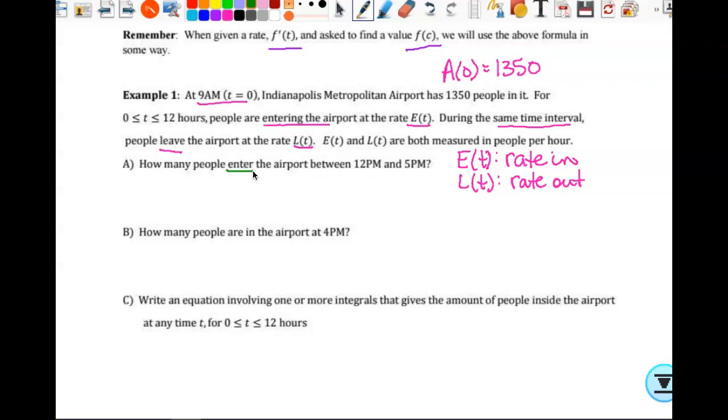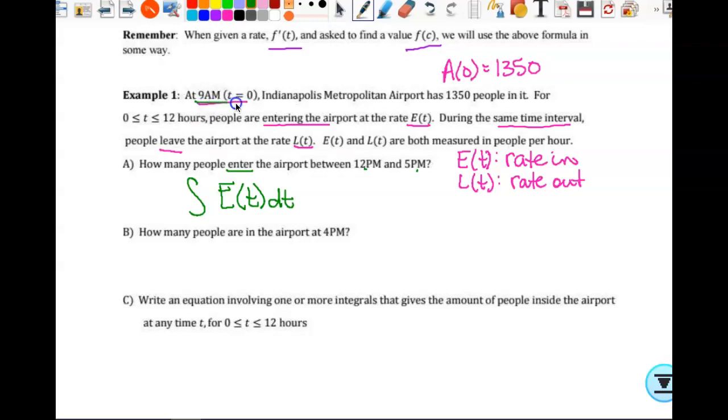If I want the amount of people, what do I do? If I want to go from the rate, which is people per hour, to people, I have to integrate. So I'm going to integrate the E of t, because that's the people entering. And it says from 12 p.m. to 5 p.m. So especially when it gives us time, we've got to pay attention to it.